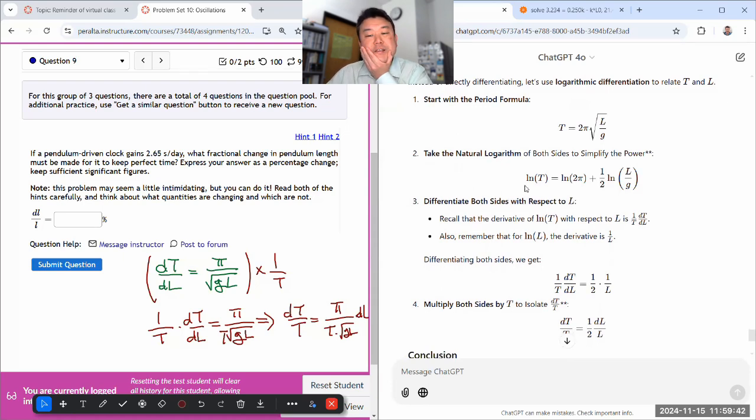On the left hand side, the derivative of the outside is 1/t, and then you have the derivative inside, the derivative of t itself, which is dt over dl. The advantage of this approach is that you have preserved an expression for 1/t, which is what you want.